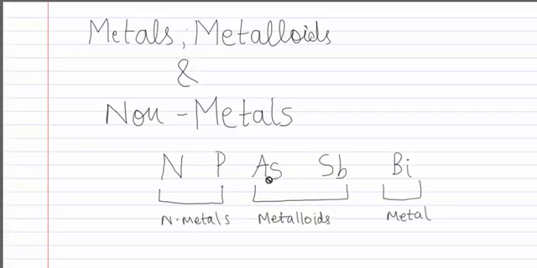Then we have a middle pair in which we have arsenic and antimony. These two elements are metalloids. And then finally we have bismuth, which is the metal, and hopefully that makes sense because all the elements that are typically at the bottommost layer of the periodic table are generally metals only. So this is a way to memorize which of the elements is a metal, non-metal, or metalloid. Let's move on.